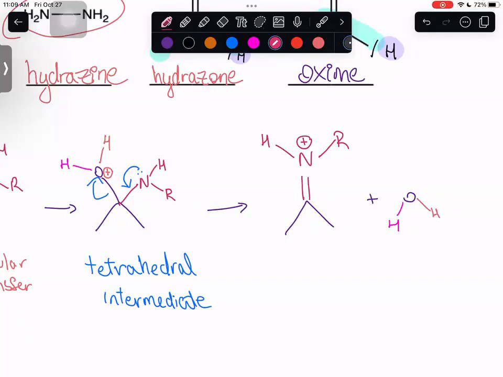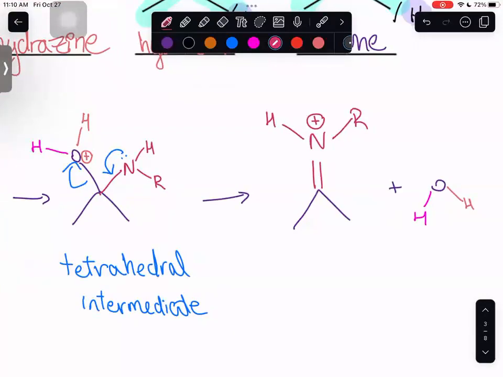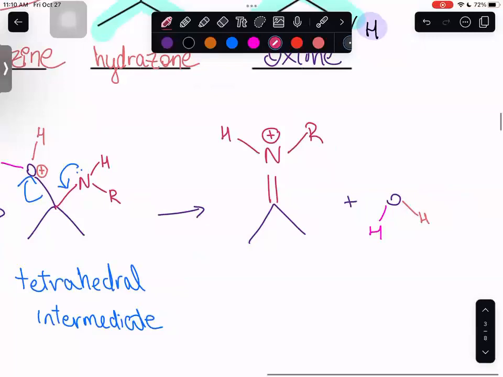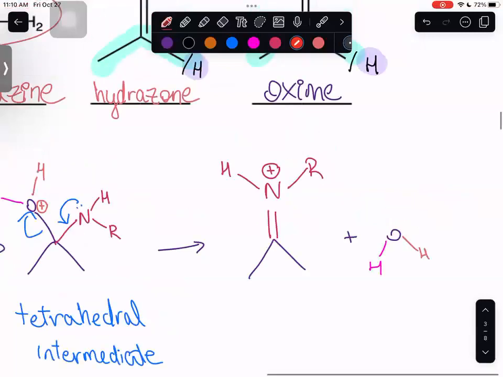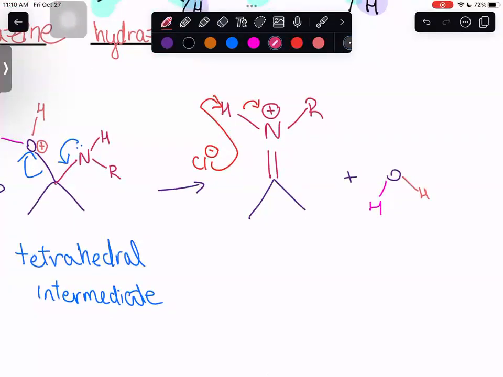Now, that nitrogen is not happy again. So what's going to happen? The hydrogen is going to go away. And now actually the chlorine comes back at this point. So your dear chlorine takes away that hydrogen, so we can neutralize our product. And now we have this little guy.